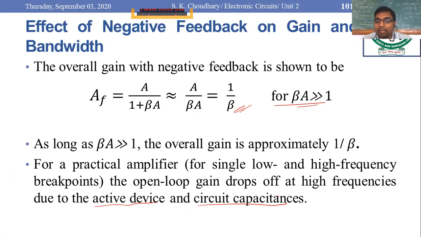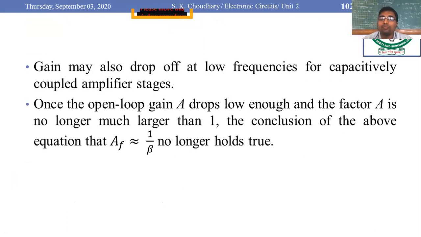That is mentioned here, active device capacitances. And the other factors are the circuit capacitance, maybe wiring capacitance, maybe stray capacitance. And at the lower frequency region, gain would also drop because of coupling and bypass capacitors, or you can say the capacitively coupled amplifier stages decrease the gain at the low frequency region also.